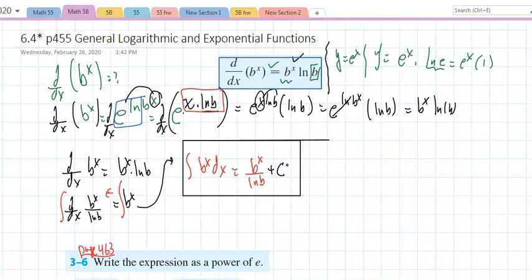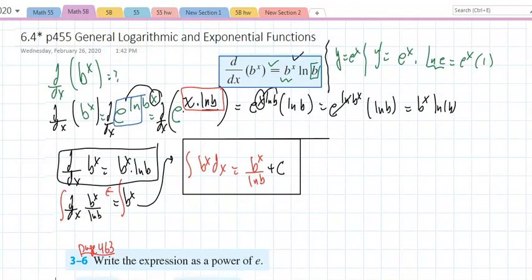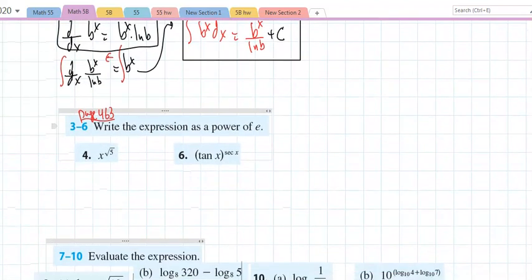There it is. So I know how to take a derivative, and I know how to take an antiderivative. There's the derivative, and there's the antiderivative. Something I should keep in mind. And the rest is practice.